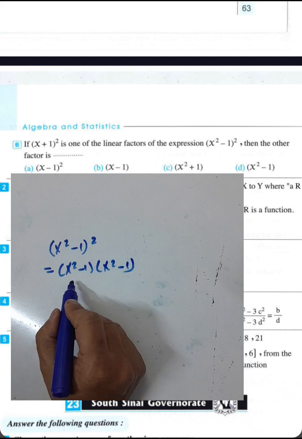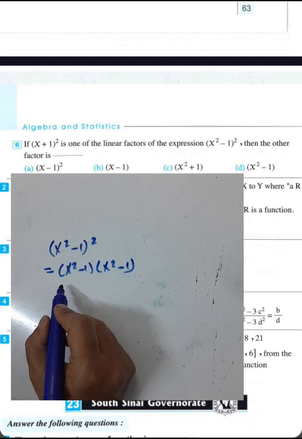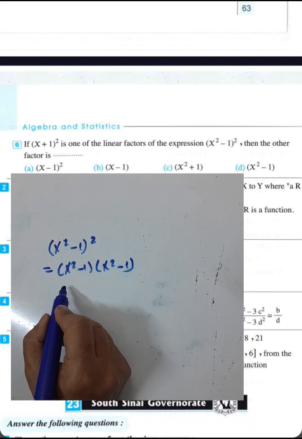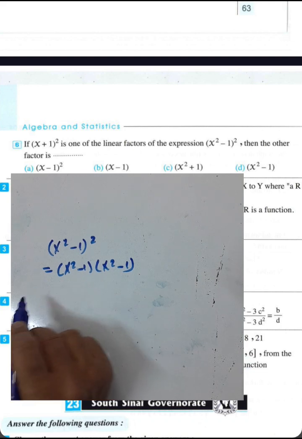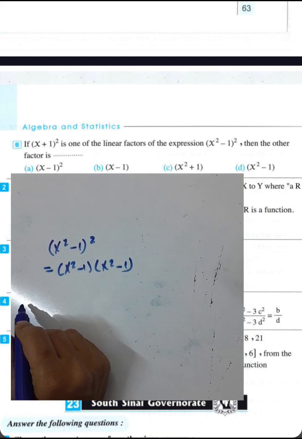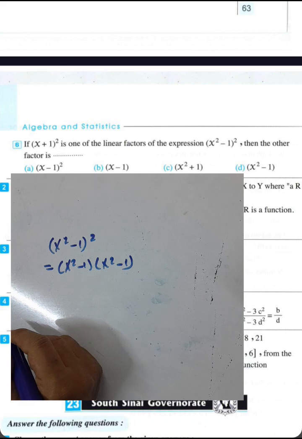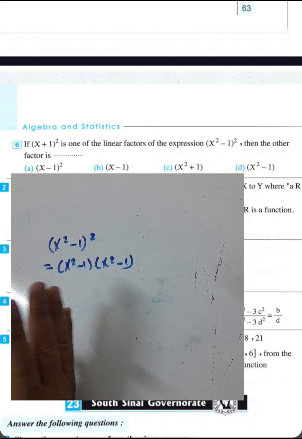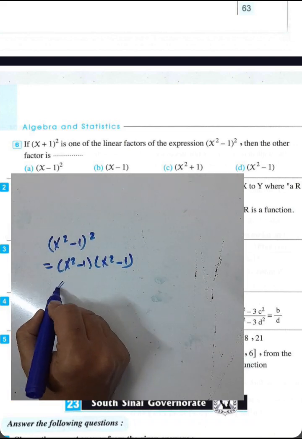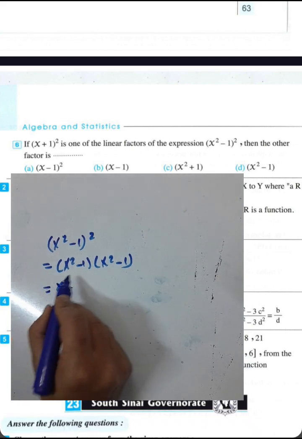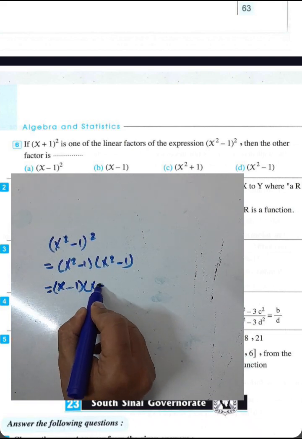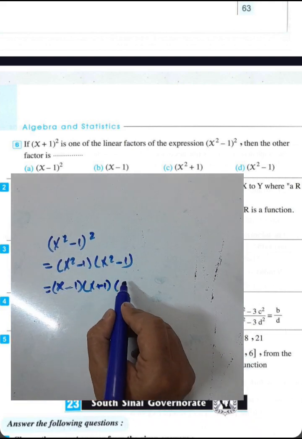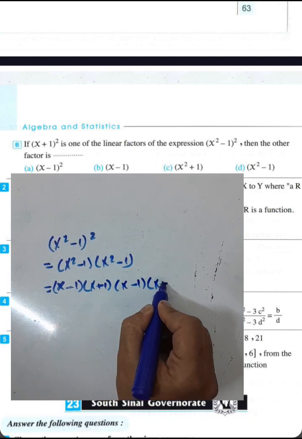Then he gives us (x plus 1) all power 2. We can factorize here: x minus 1 times x plus 1, and this expression you can write as x minus 1 times x plus 1.